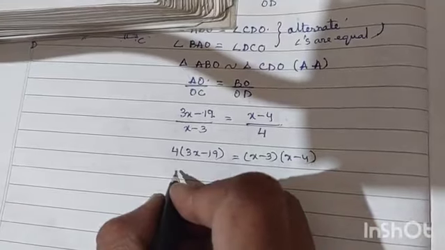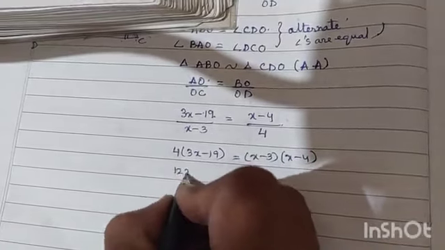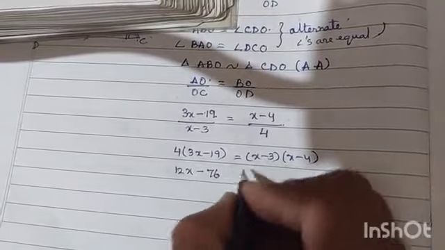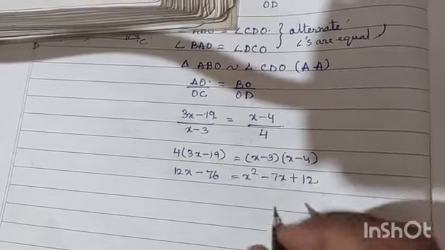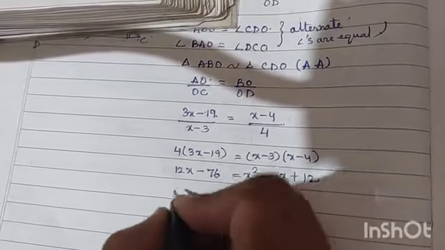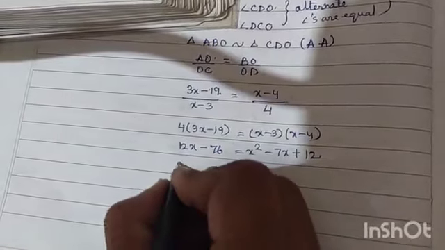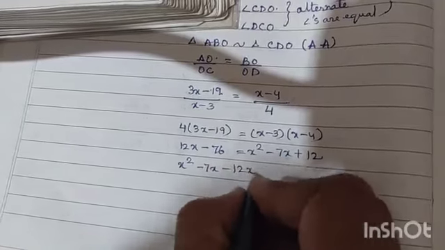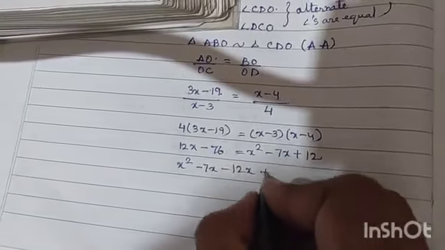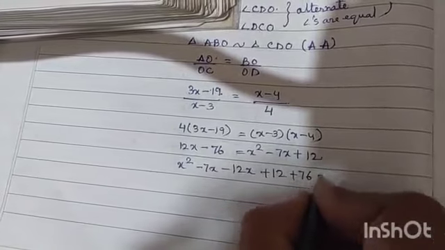So here we have 12x minus 76 is x square minus 7x plus 12. Which on shifting everything to one side, we get x square minus 7x minus 12x plus 12 plus 76 is equal to 0.